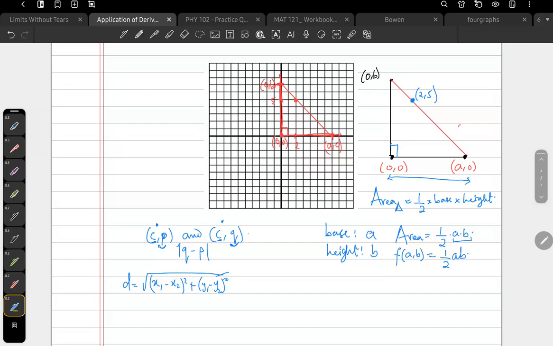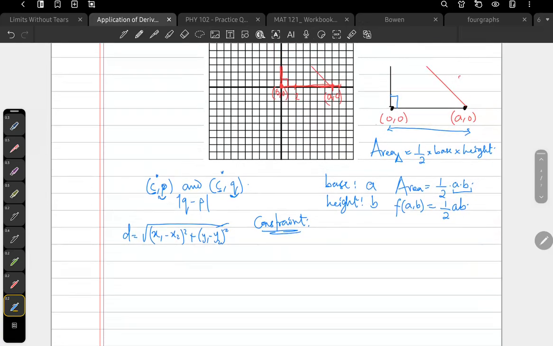For us to be able to use our first derivative test and second derivative test, we need to change it to a function of one variable, and that is where the constraint equation comes in. In this particular case, the constraint is that the hypotenuse must pass through the point 2, 5.